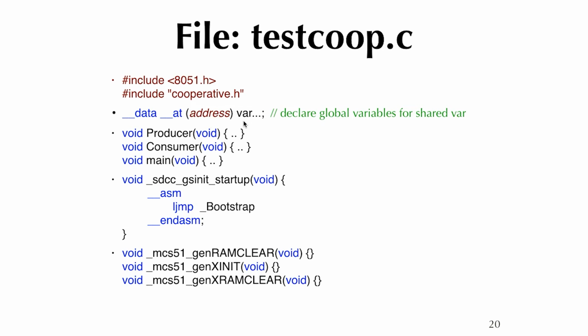Data at address var. That is a way for you to declare your own global variables, and these are visible to all the threads. In case you're curious what's different between idata and data, in terms of code generation, data gives you the direct addressing in the range 0 to 127, or 7F hex.